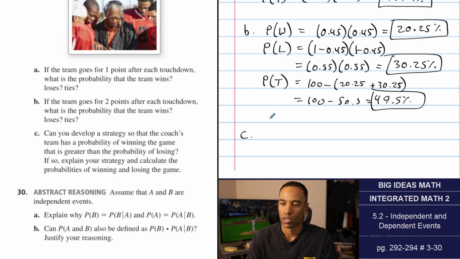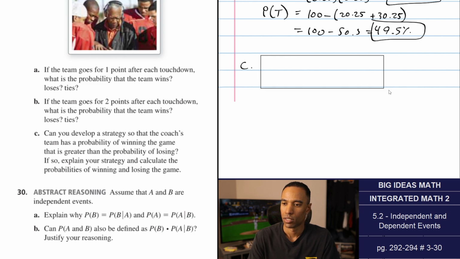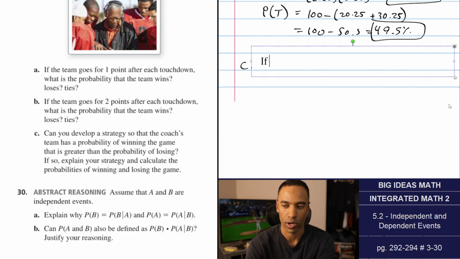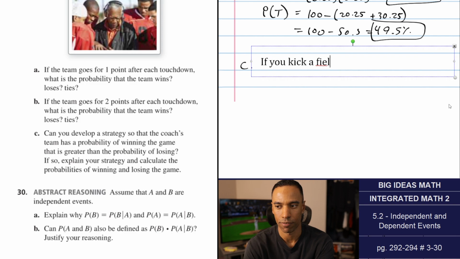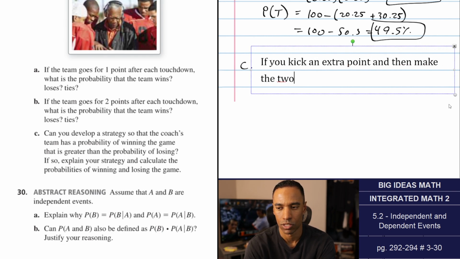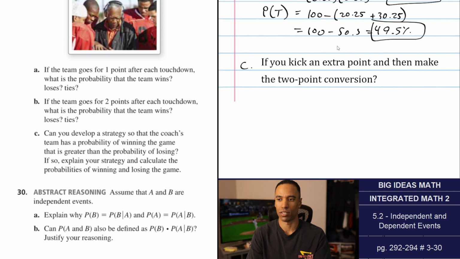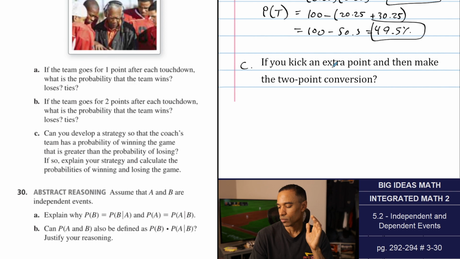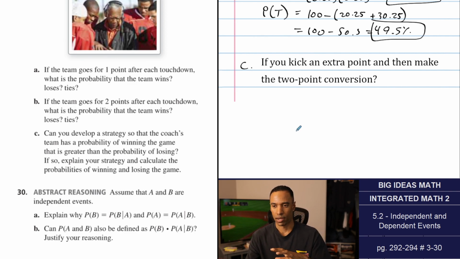So I'm going to write it as a question first. If you kick a field goal, if you kick an extra point and then make the 2-point conversion, let's see if that works out. I'm not going to call it probability of win.